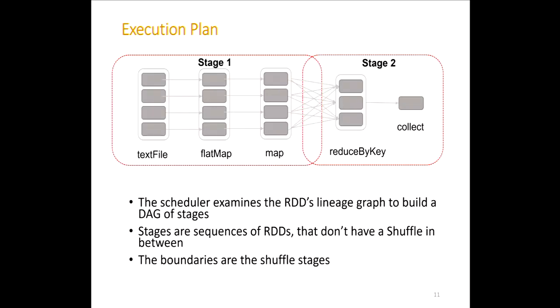This boundary, where shuffling happens, is very important because it determines the stages of the execution, and hence the allocation of resources. How many resources do we need? How much RAM do I need for this transformation? Is it more? Is it less? Hence Spark can maintain good utilization of resources rather than just pushing everything randomly.